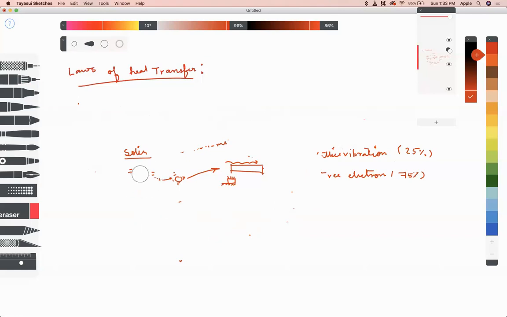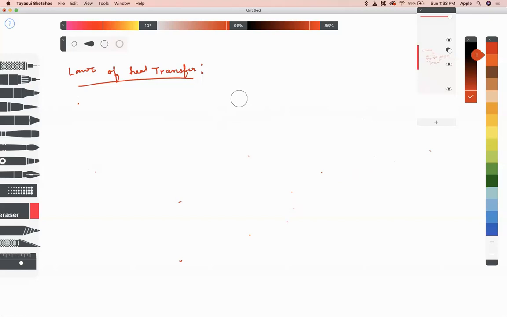And before I start the next session, I will just get a little bit more familiar with the software so that I can easily concentrate on the teaching, because here I'm spending more time concentrating on the pen tapping. All right, fine.